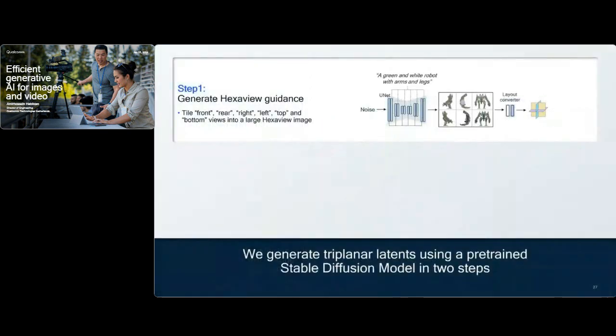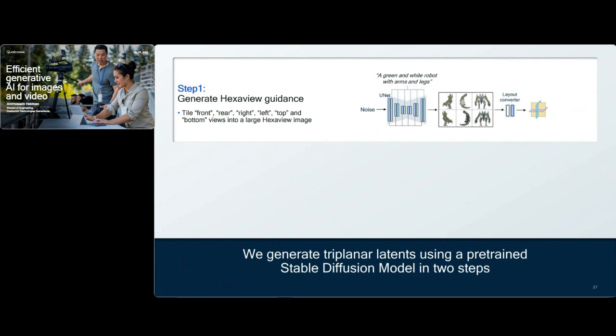So we generate these triplanar latents in two stages. First, we fine-tune an image stable diffusion model to generate large images that we made by tiling six orthogonal views of the object, like top, left, right, front, bottom, all this type of orthogonal views.